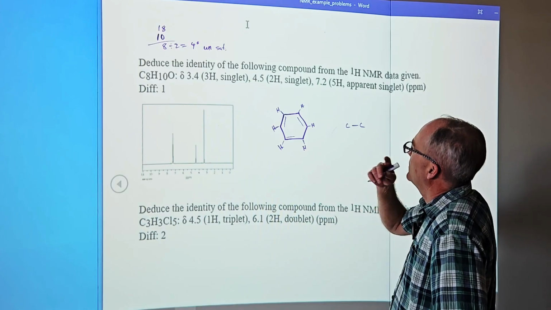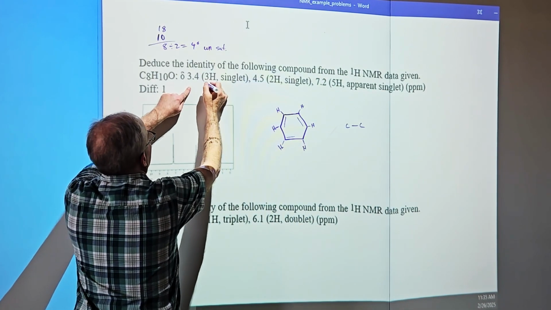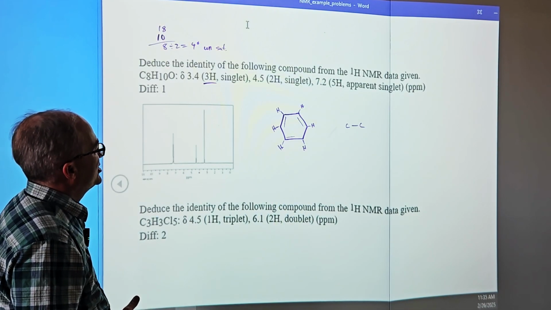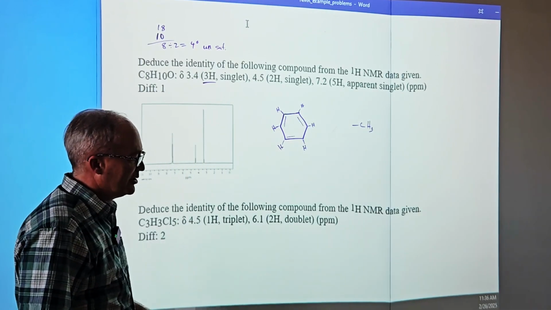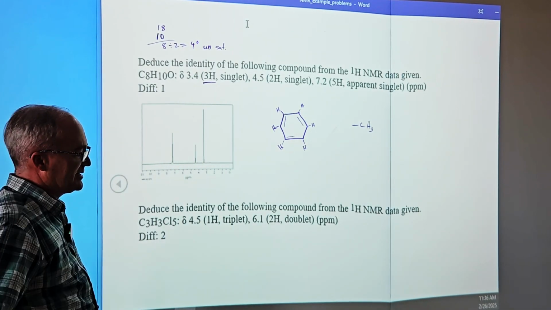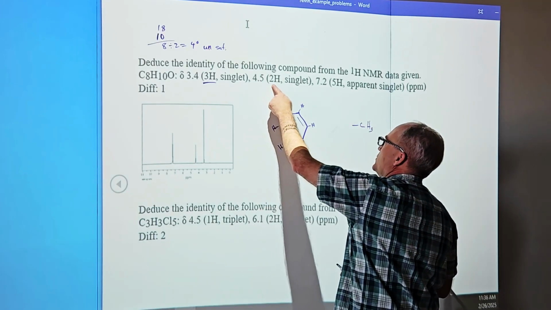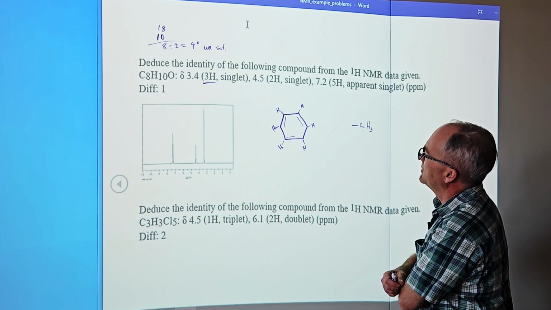All right, so now let's go to, and here is the integration. So I have 3 hydrogens and I'm getting a singlet. A methyl group, if it's stuck to something that doesn't have any hydrogens on it, can give us a singlet. I have 2 hydrogens here giving me a singlet.